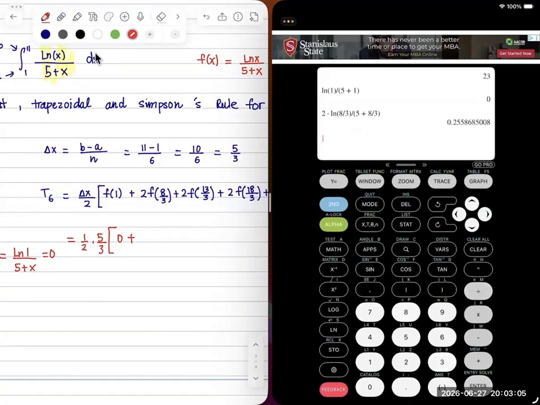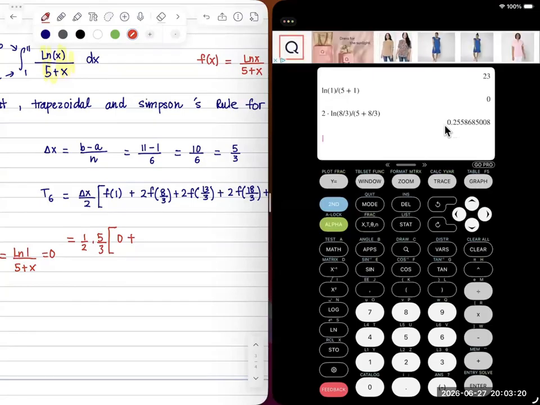And I got 0.25586. I'm going to round, but remember when you round, you're going to have a lot of rounding error. We're going to keep the decimal places as much as we can so we don't have any rounding error. Since we already estimate, we don't want to round too early. So I'm going to keep going.